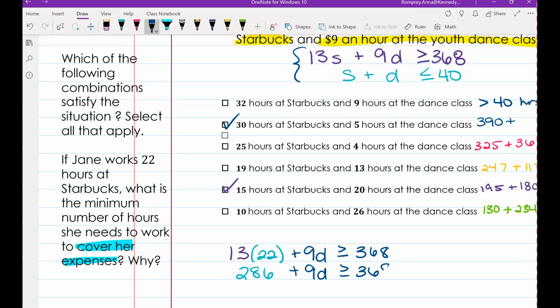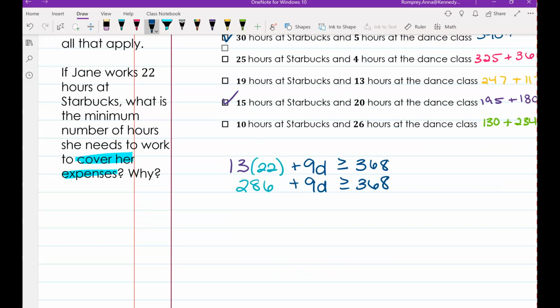I'm just solving this as if it were an equation. I'm going to solve for D, isolate D. I'm going to get rid of this 286, so I'm going to subtract the $286. So $9 per dance class needs to be greater than or equal to $82. That doesn't seem too bad.